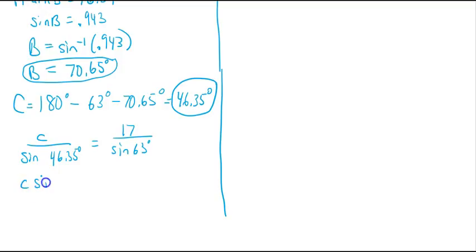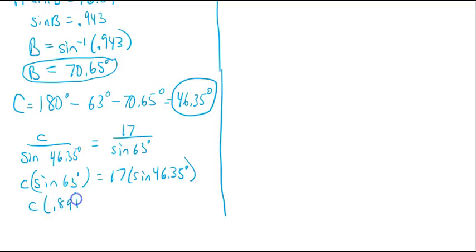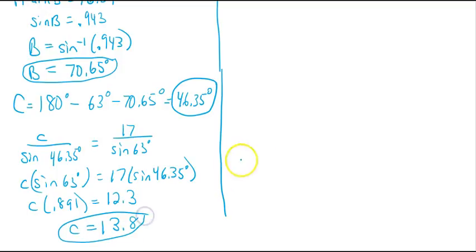So C sine 63 equals 17 sine 46.35, and the sine of 63 is about 0.891, and the 17 times the sine of 46.35 is 12.3. And then I can just divide by the 0.891, get C by itself, and it's about 13.8. So that is solution 1.